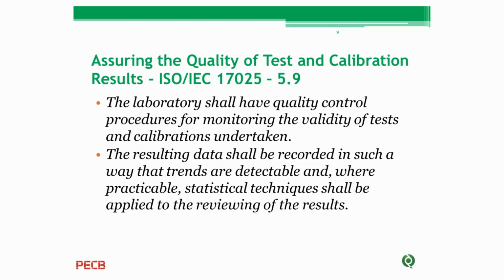And then the standard asks that the laboratory should record such monitoring or quality control programs in a way that trends are detectable. It's very important that we should see the trends, how our accuracy or precision or trueness are changing through time. This sentence sometimes is interpreted as quality control charts. Some of you or most of you should know about quality control charts.